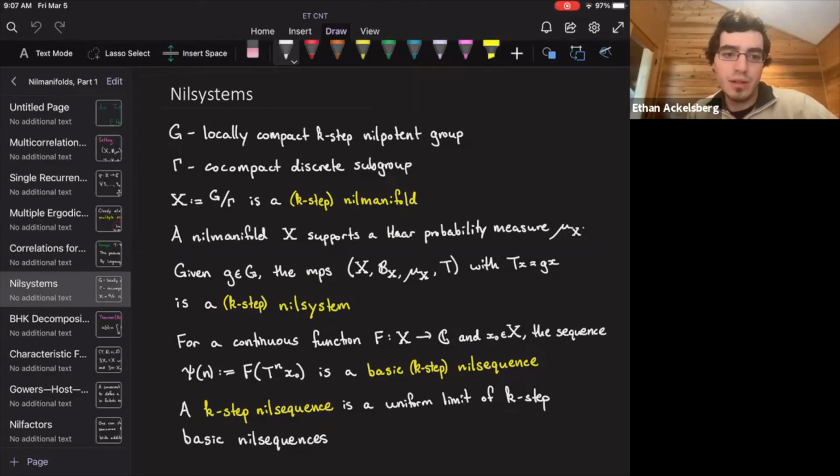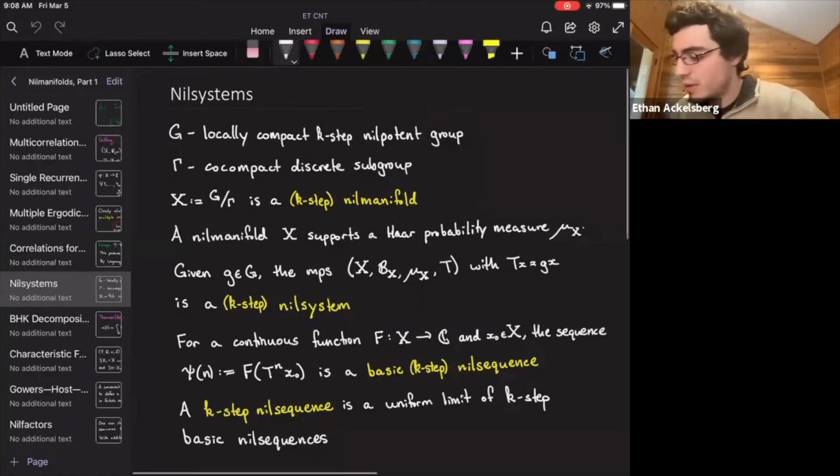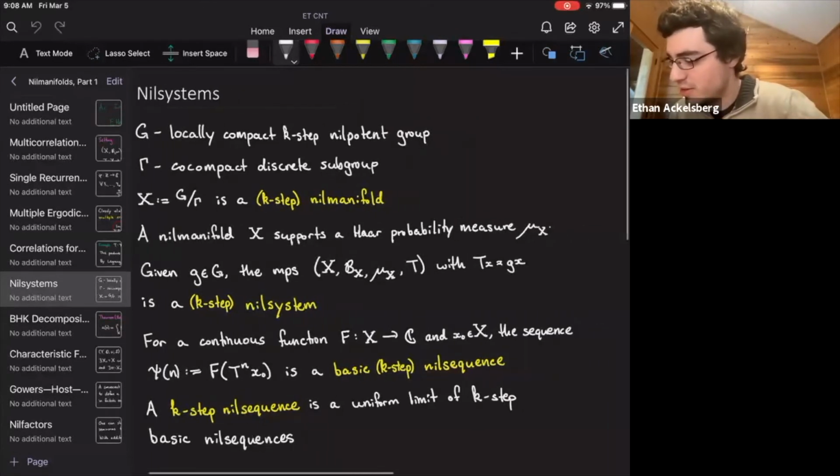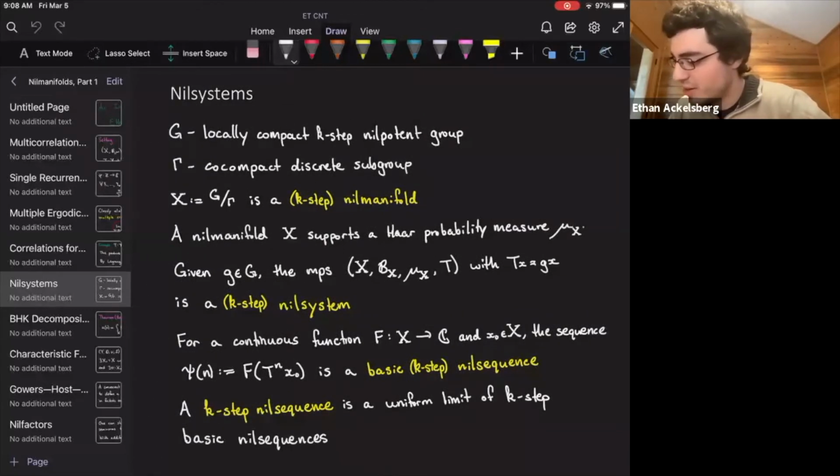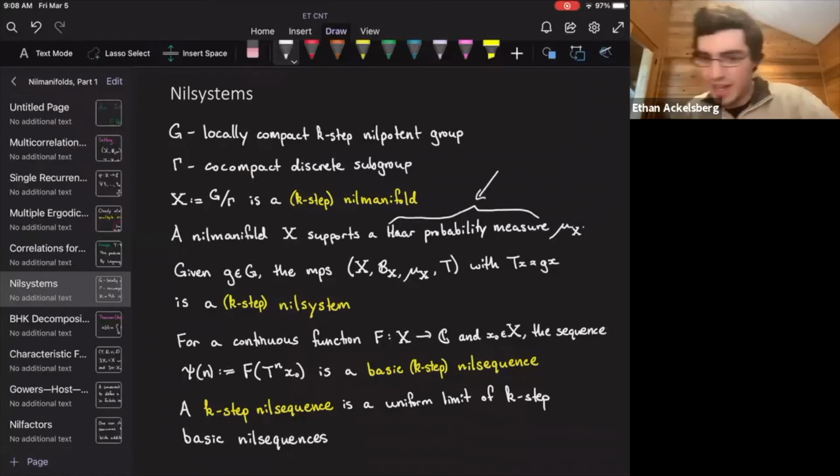And this nilmanifold supports a Haar probability measure, which we will denote mu sub X or mu sub G mod gamma. Maybe I should say, what do I mean by Haar probability measure? X is not a group.